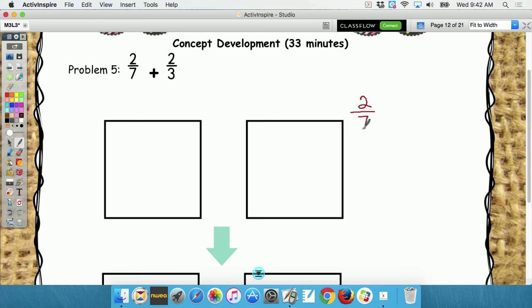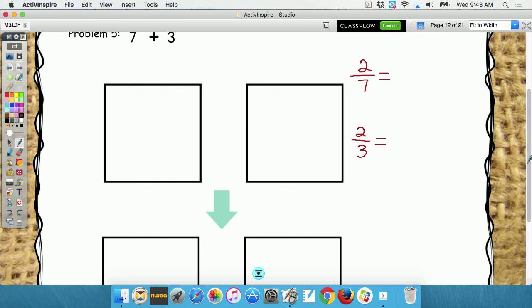So 2/7 and 2/3, and then I'm going to do equals, and that long line. Remember the long line? Okay.